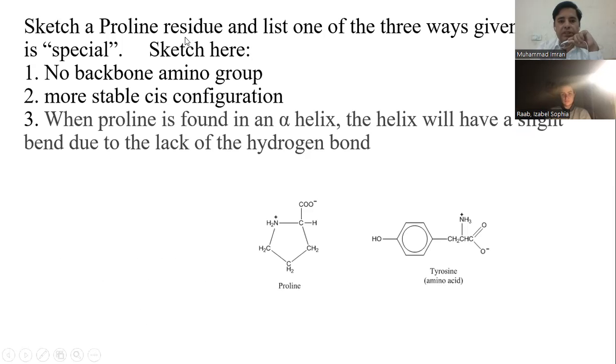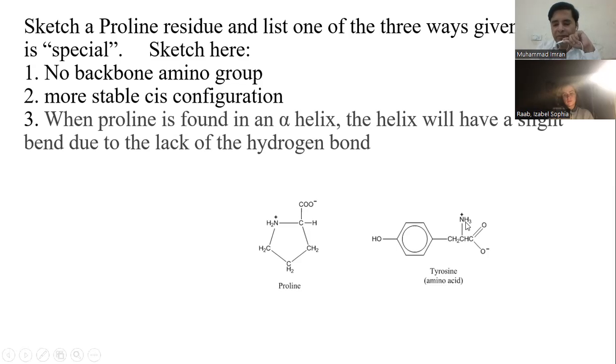Sketch a proline residue and list one of the three ways given that it is special. No backbone amino group. In an amino acid we have three groups in common: carboxyl group, amino group, and hydrogen. So the carboxyl group, hydrogen, and amino group are common to every amino acid except proline.